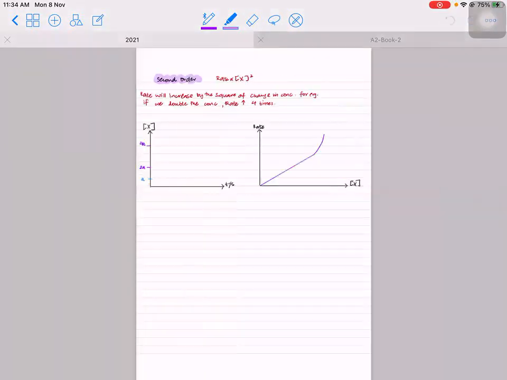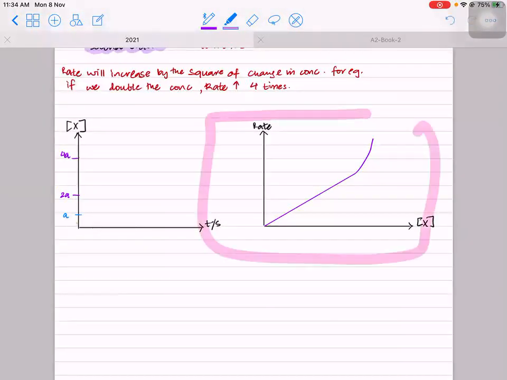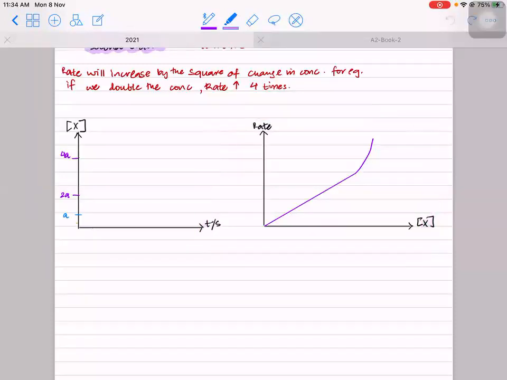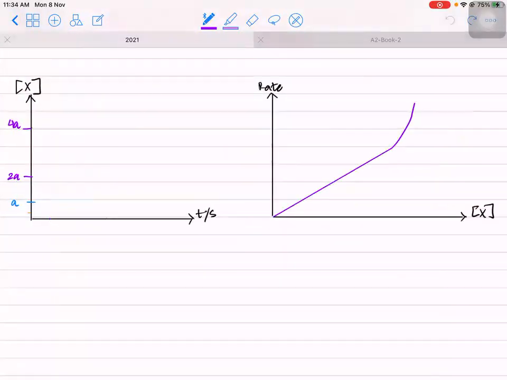And for second order, it is a curve with a positive gradient. Do you see all 3 are different? So you can easily distinguish them. But the concentration time graph for the first order and second order is very, very similar. So let's see the concentration time graph now. The concentration time graph for second order looks like this.